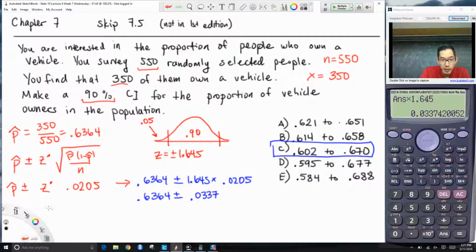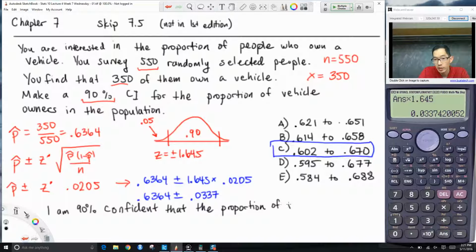From this, we would say I am 90% confident that the proportion of vehicle owners in the population is between 0.602 and 0.670, okay?